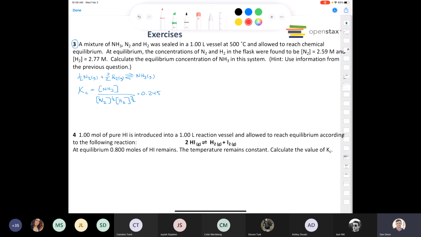So in this problem, we have Kc, the concentration of nitrogen, and the concentration of hydrogen, and we're going to solve for the concentration of ammonia.